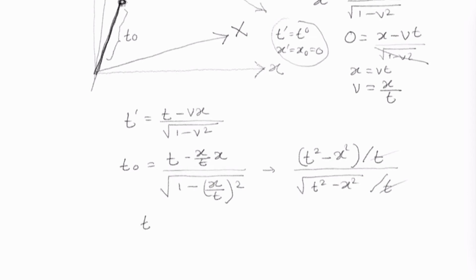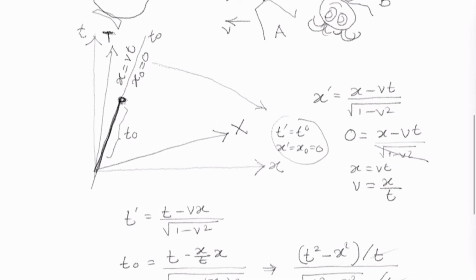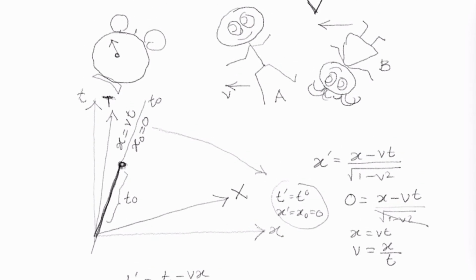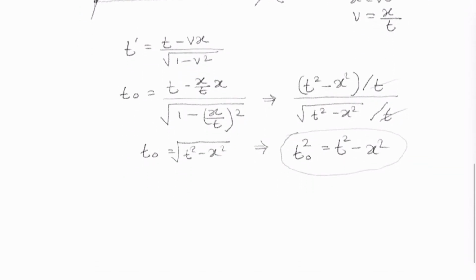So t naught is square root of t squared minus x squared. In other words, t naught squared equals t squared minus x squared. So whatever the coordinate system you consider, regardless of its velocity, t naught squared equals t squared minus x squared. T naught is invariant.